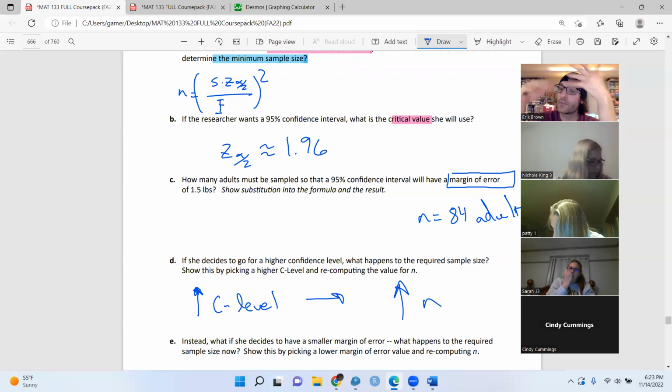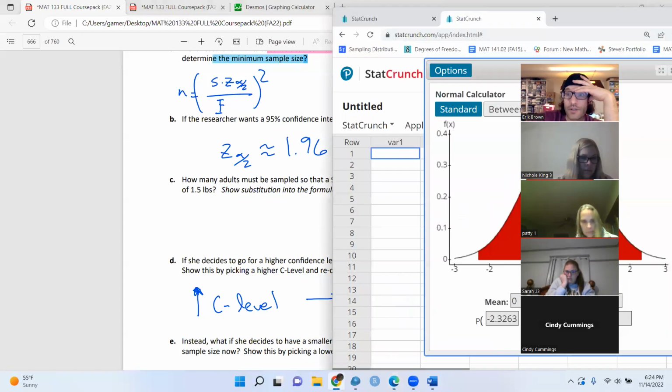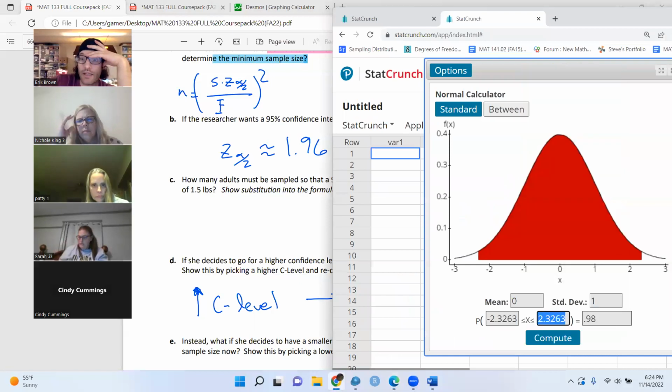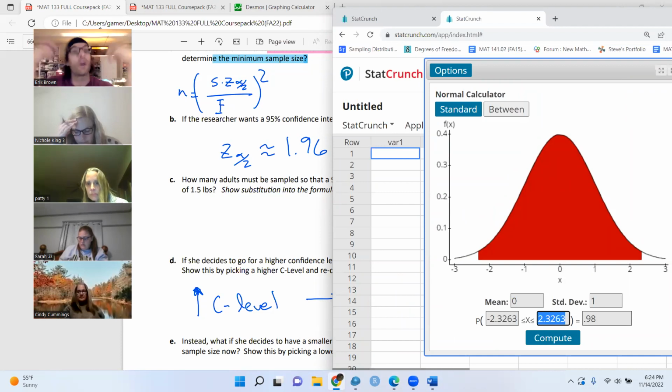As long as it's random and independent and the sample size is normal, the closer your sample size gets to the population size, the more accurate results are going to be. But this is just showing computationally the connection between the confidence level and the n. Increasing the C level gives you more area under the curve, which is going to make your critical values larger. Since the critical value is in the numerator, the number itself is going to get larger.